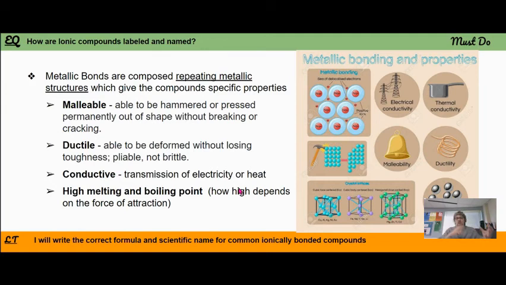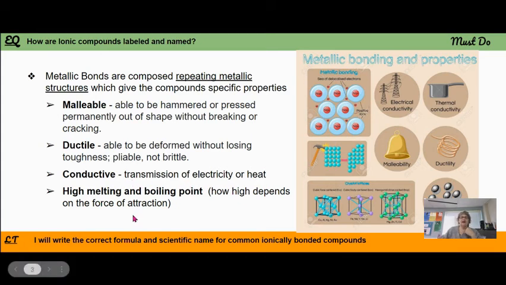Because of all those extra electrons that are kind of swarming around in that sea, electricity can get through very easily. And then heat as well. Electrons also carry heat from one atom to another, and so you're able to heat things up very well with them.